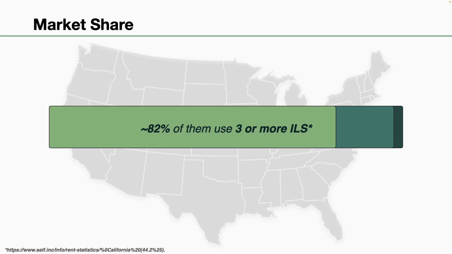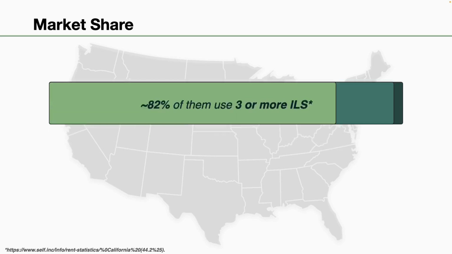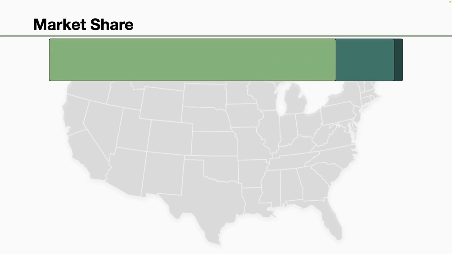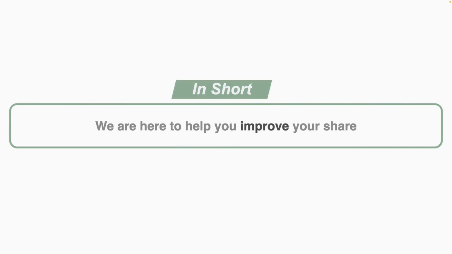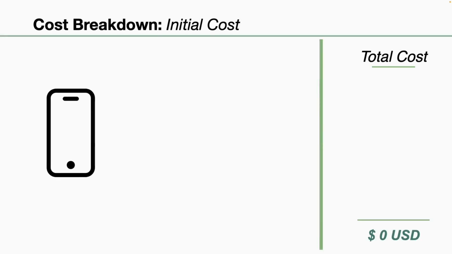If any of these platforms uses our service, that will give them a huge advantage in something a lot of people really care about. 44 million housing units, 1.1 billion annual value generated. In short, we would help the platforms improve their market share. We will help them generate more value.